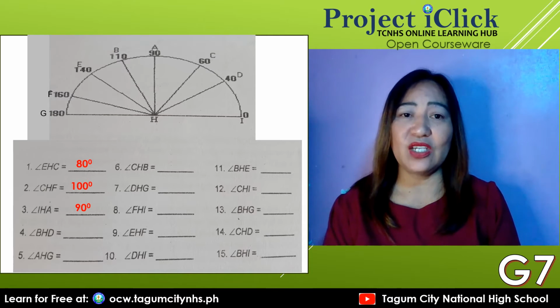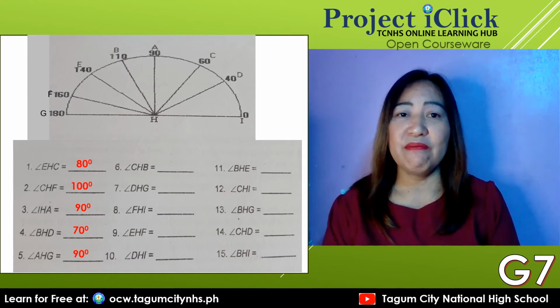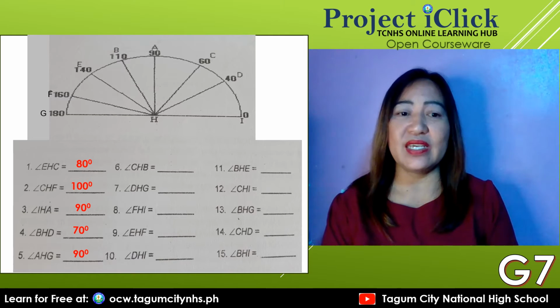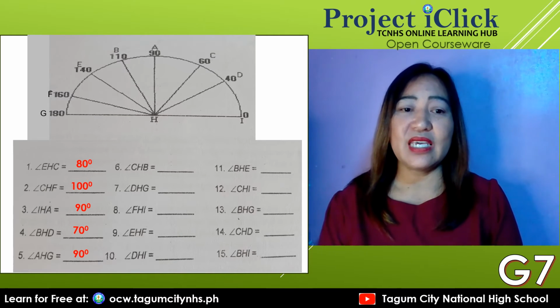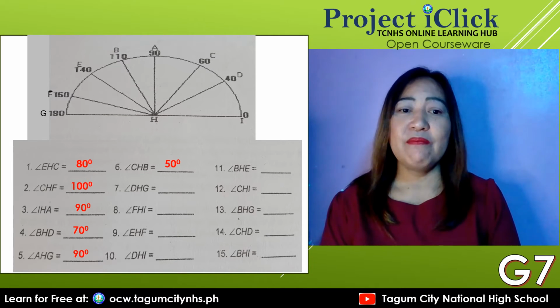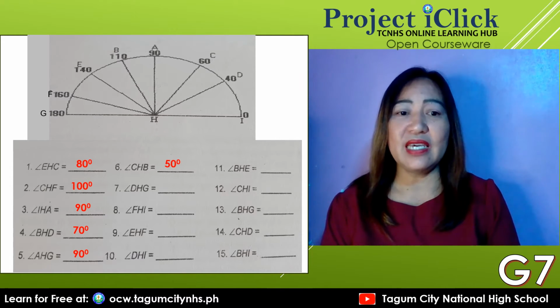Angle BHD measures 70 degrees. Angle AHG measures 90 degrees. Angle CHB measures 50 degrees. Angle DHG measures 140 degrees.